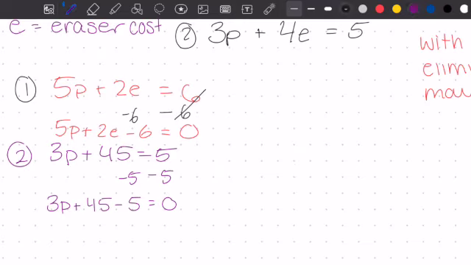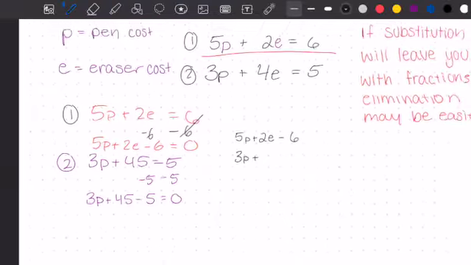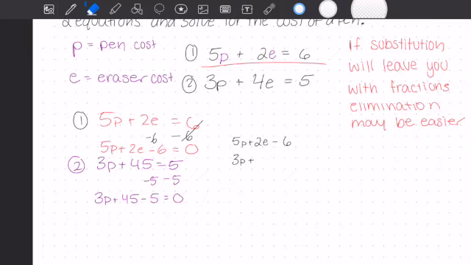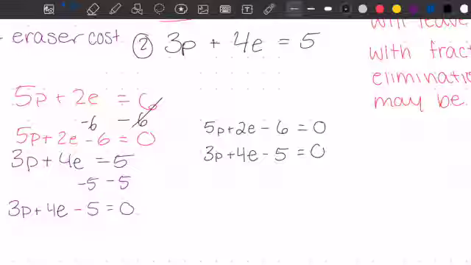Okay, I'm going to stack those two. So I'm going to have 5p plus 2e minus 6. And then I'm going to have 3p plus, my goodness, where did I get 45? 4e, not 45. 4e minus 5. Both of those are equal to 0.